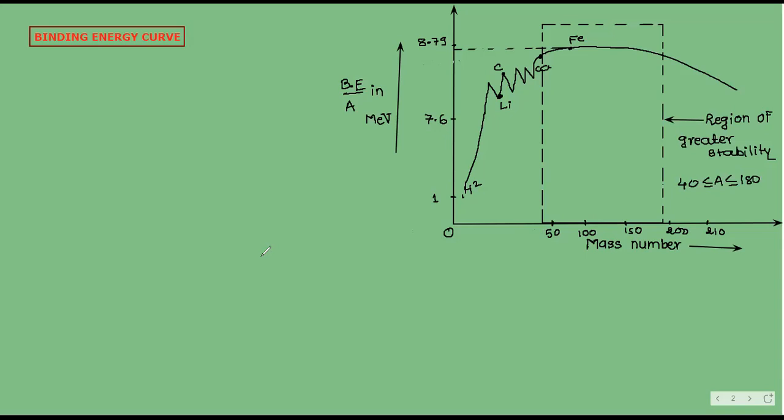This is your binding energy curve. Now some points about this binding energy curve I am writing.